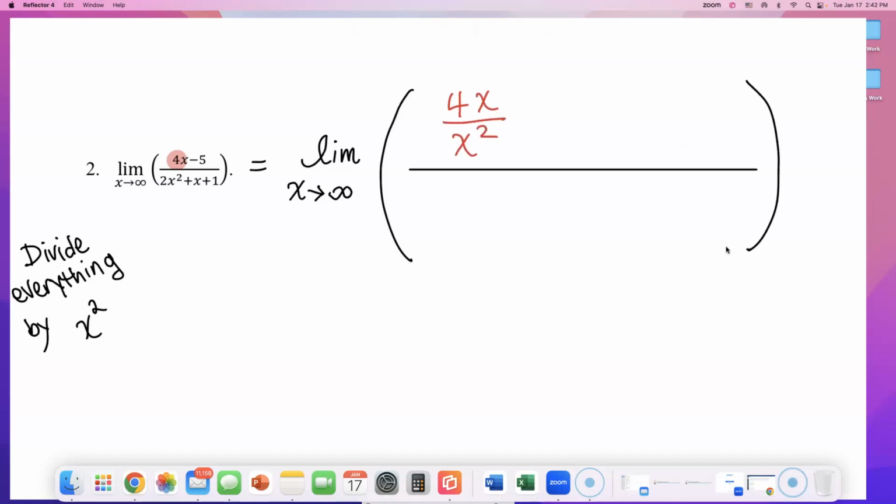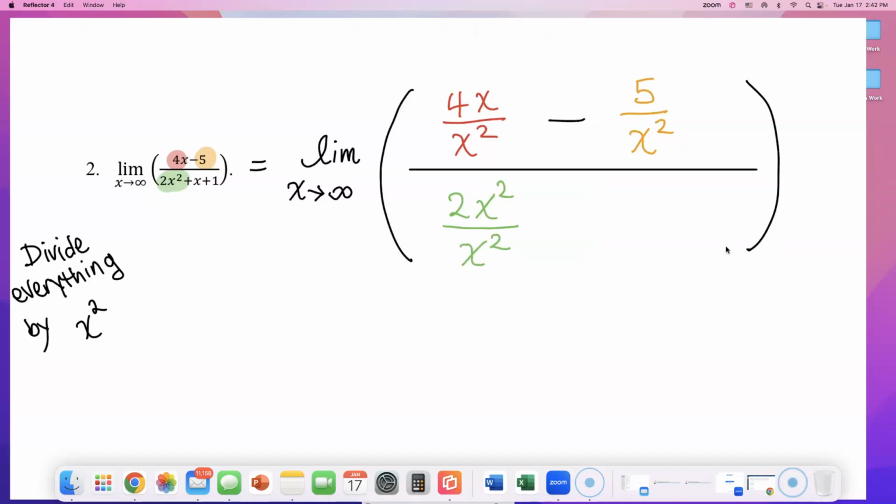Next, minus 5. Well, that's going to be minus 5 over x squared. Okay, let's go to the bottom of the fraction. 2x squared will turn into 2x squared over x squared.